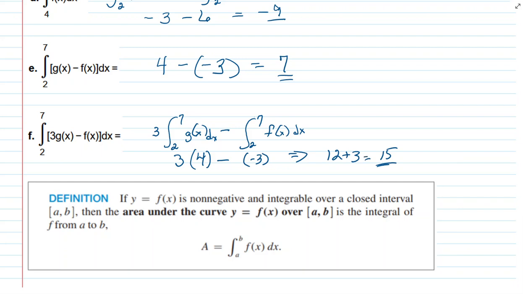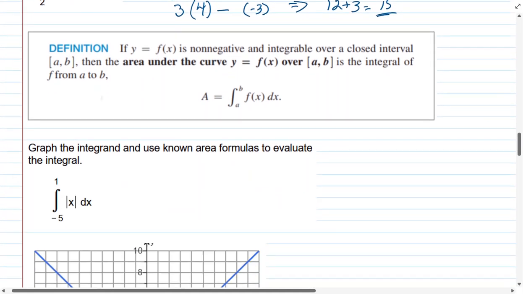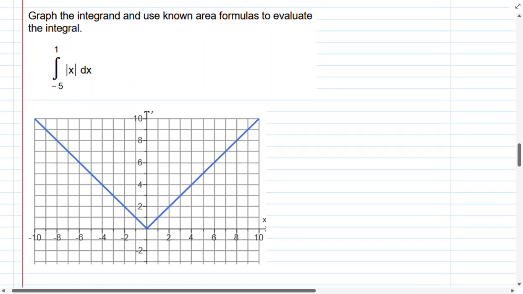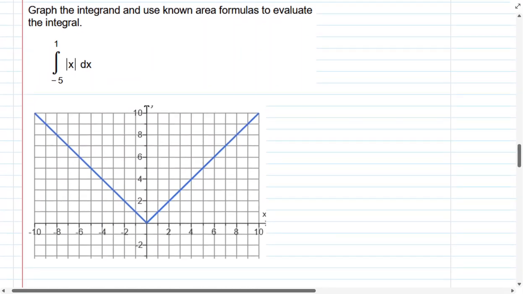Excuse me. So now we're stating definitively that the area under the curve of y equals f of x over a closed interval is the integral from a to b, because of that relationship to the Riemann sum. Here is one that shows you about the positive side and what an absolute value is.